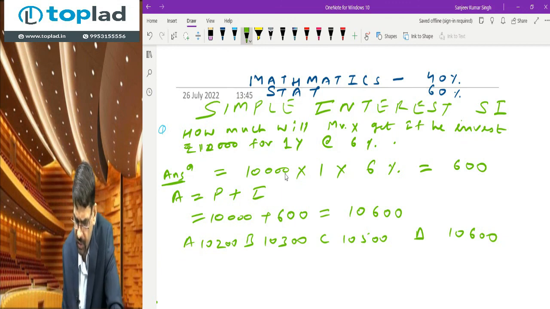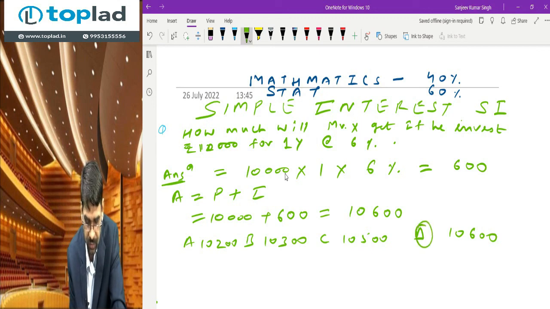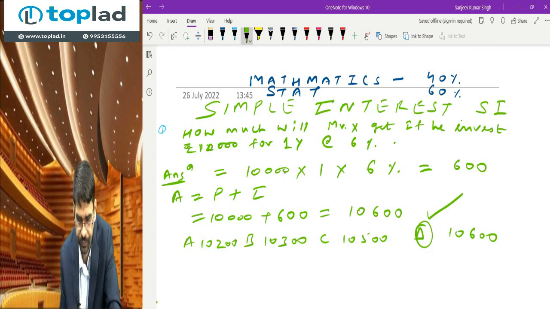You just tick, this one is correct. 10,600 Mr. X will get after 1 year.